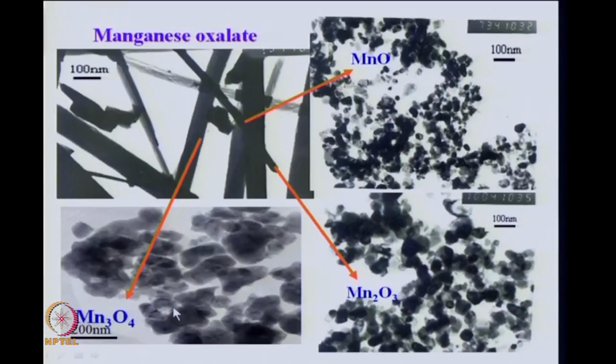All these 3 oxides are of size in the nanometer dimensions. Some are smaller, say 20-30 nanometers, and some are larger, say in Mn2O3 we get sizes around 50 to 70 nanometers, and in Mn3O4 we can have sizes around 100 to 200 nanometers. So, you can get different oxide materials under different conditions of synthesis, like the decomposition temperatures and the environment in which you are decomposing is important.